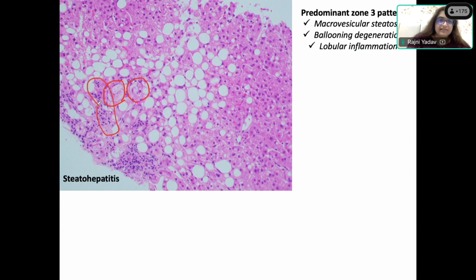This is inflammation in the lobule. So you have a steatohepatitis. See, only fat would be steatosis. Now it is steatohepatitis, because we have proper lobular inflammation in association with the fat. So here we have a disease with a zone 3 pattern, predominantly having steatosis, along with ballooned hepatocytes and significant lobular inflammation.